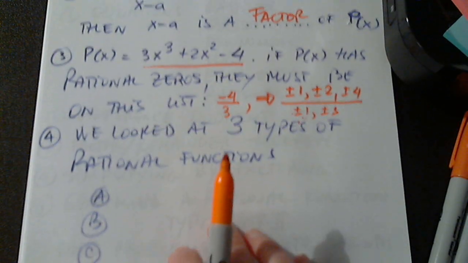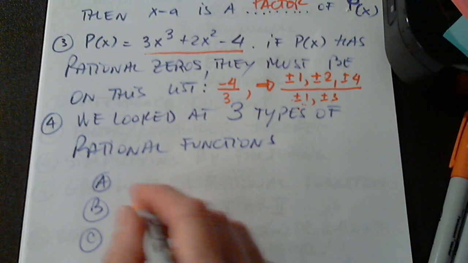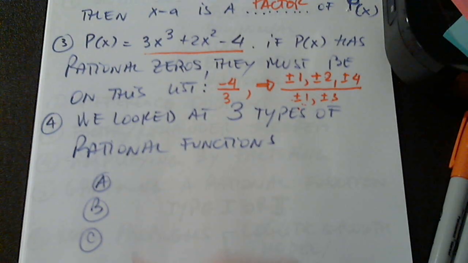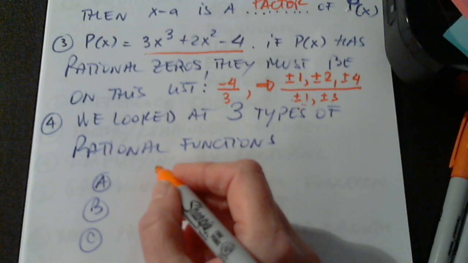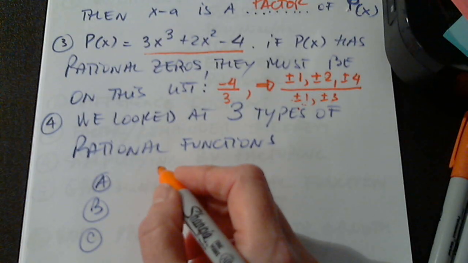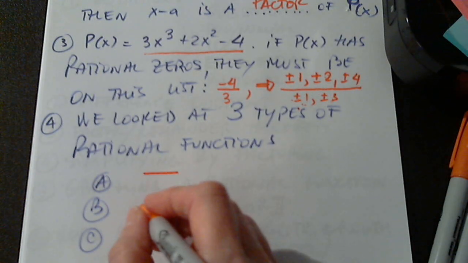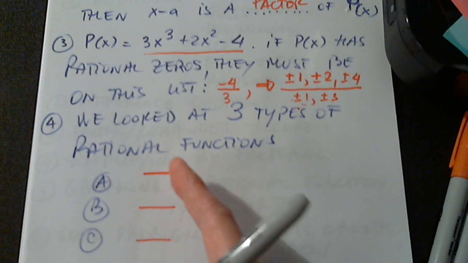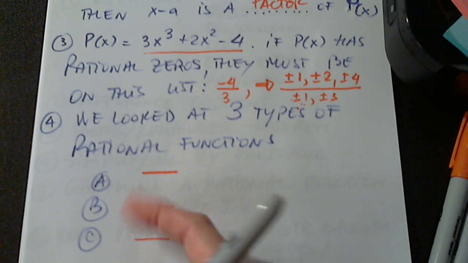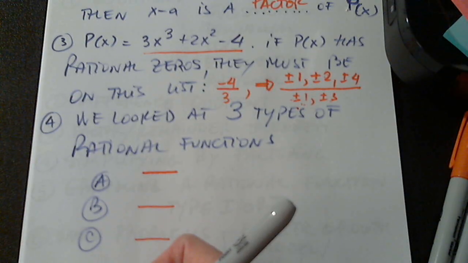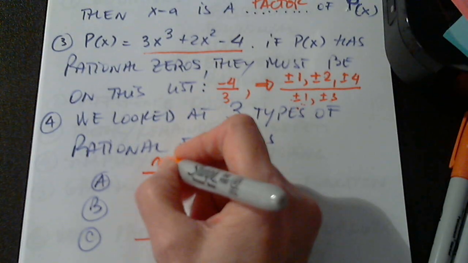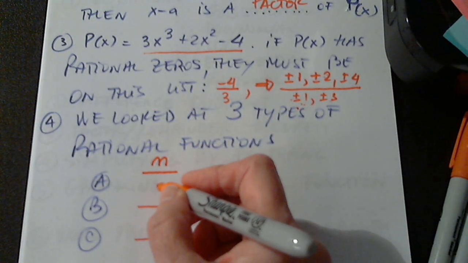We looked at 3 types of rational functions. Can anyone give us the characteristics for type 1? What is the property of type 1? Degree n over degree n?